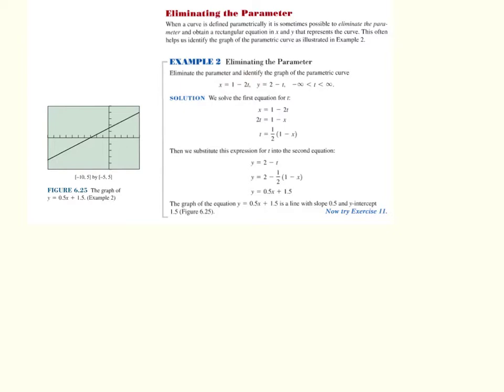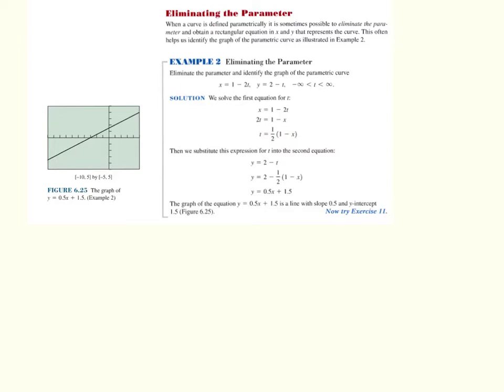So plus 2t and minus x from both sides gets us to our next step. At that point, we simply multiplied by a half to get rid of the 2, and we wind up with t equals 1/2 times (1 minus x).